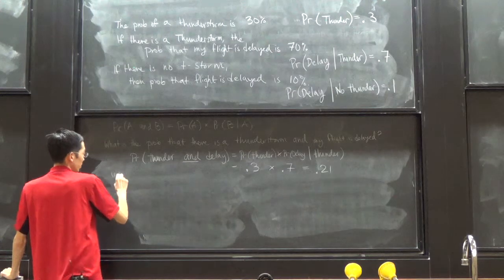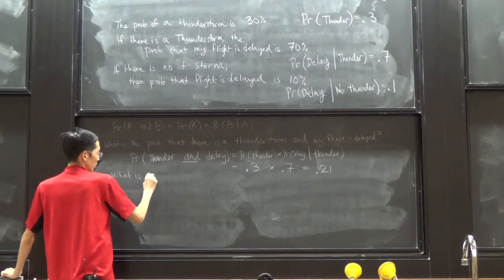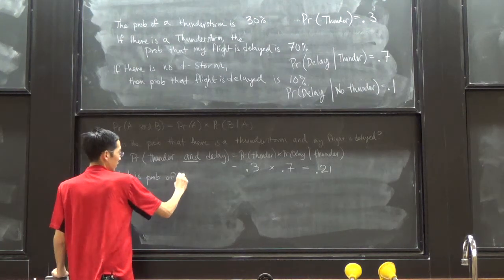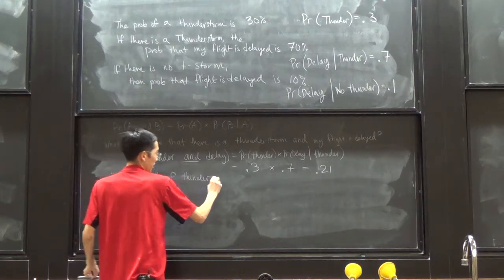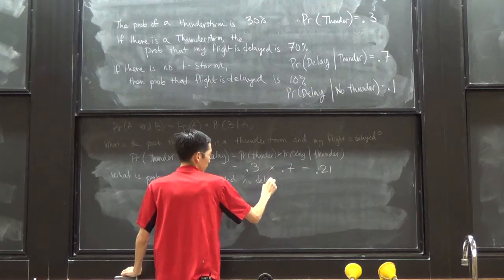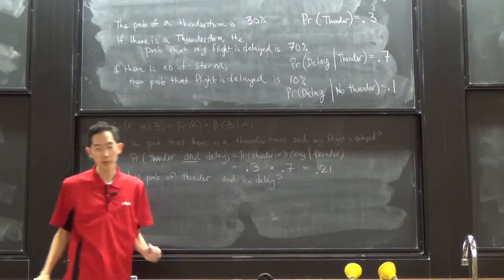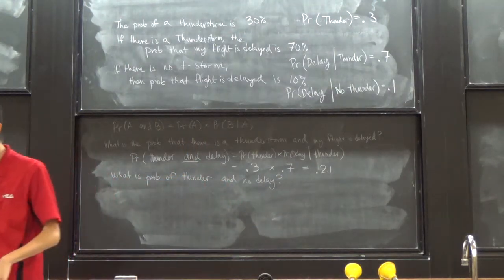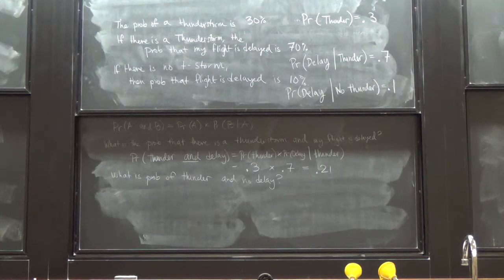What if I ask, what is the probability of a thunderstorm and no delay? So what's the probability that a thunderstorm happens, but I still manage to get an on-time flight?